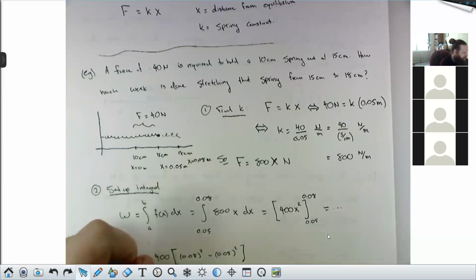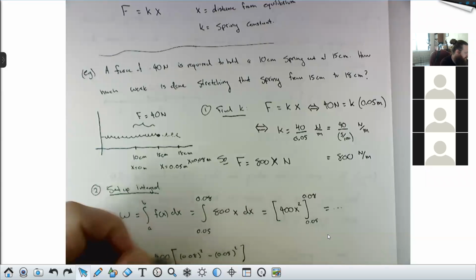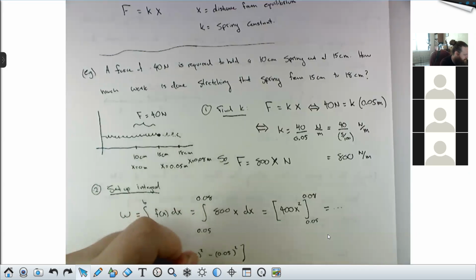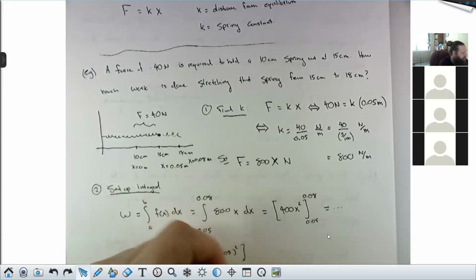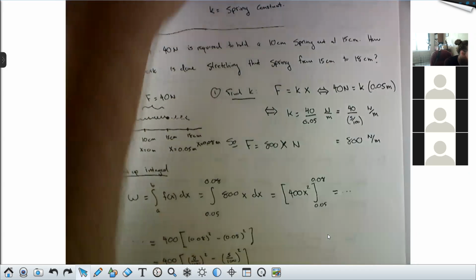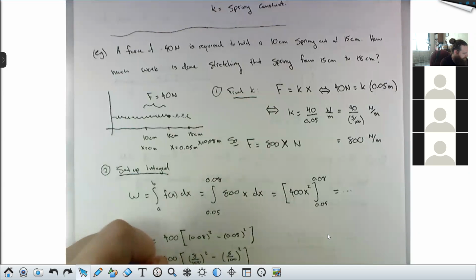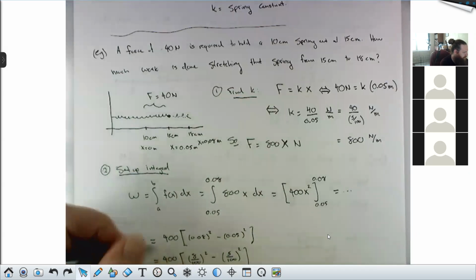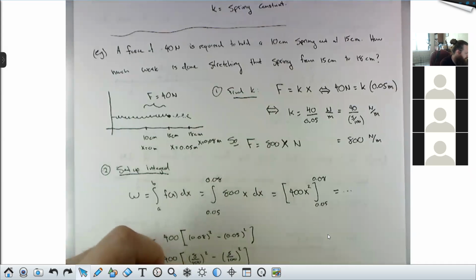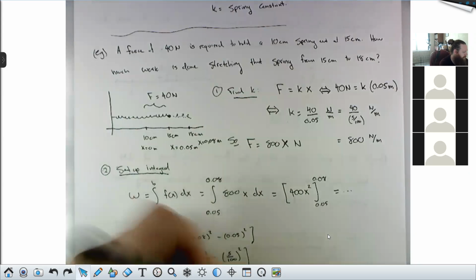I guess I would probably write both as fractions. So 0.08, that's 8 over 100 squared, minus 0.05 is 5 over 100 squared. That's 400 over 100 squared times 64 minus 25.